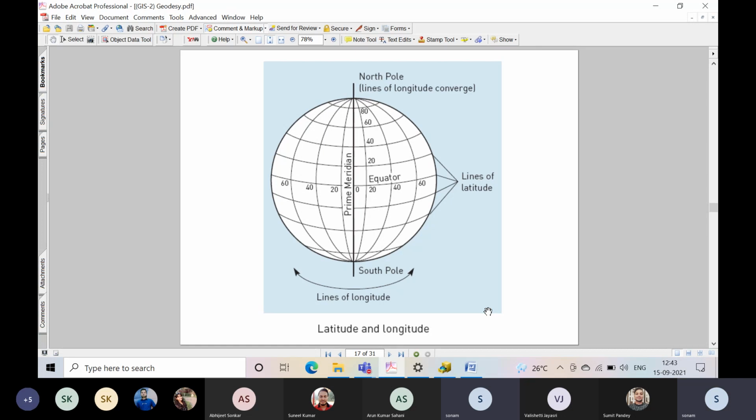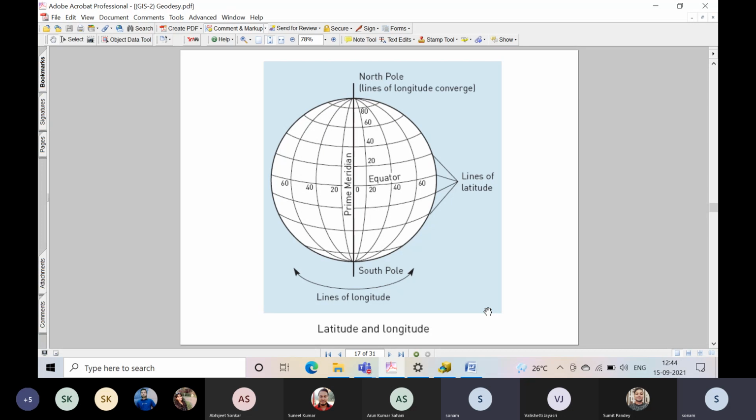There's no need to answer, because nobody is going to answer this question. But I think all of you know what answer you will give when somebody asks you to define latitude and longitude. As a GIS person, you cannot define this in such layman language.